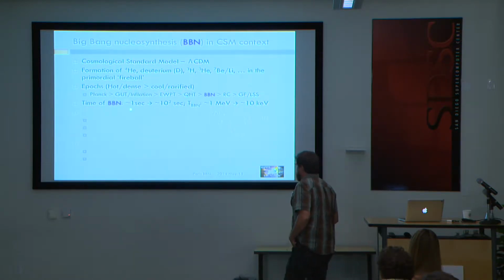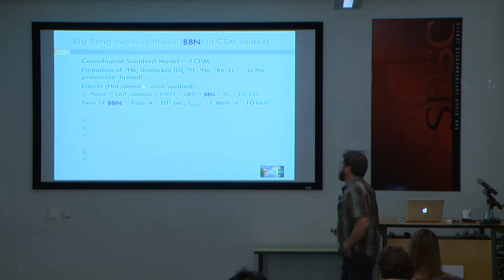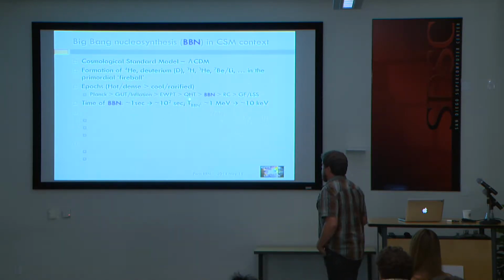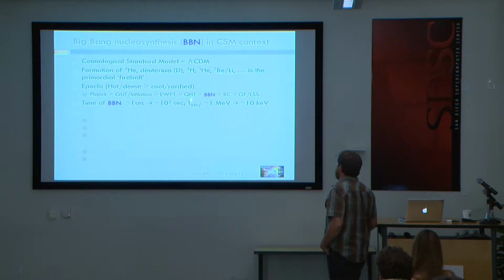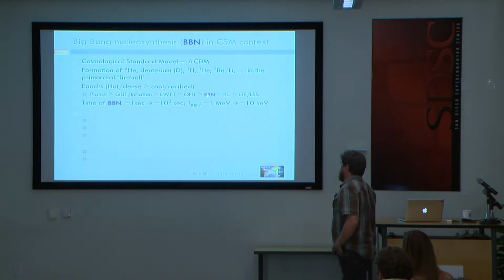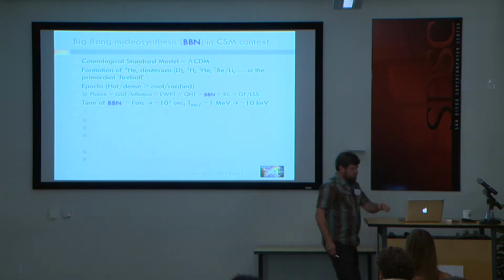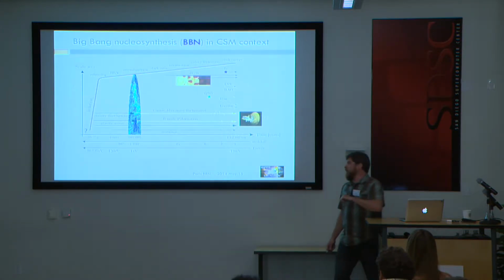After that come the grand unification scale and inflation, the electroweak phase transition, the quark-hadron transition, which we don't even know is a phase transition or not, and then BBN, recombination, galaxy formation, and large-scale structure. So we're focused on this particular epoch. The time of BBN is about a second to about 100 seconds.